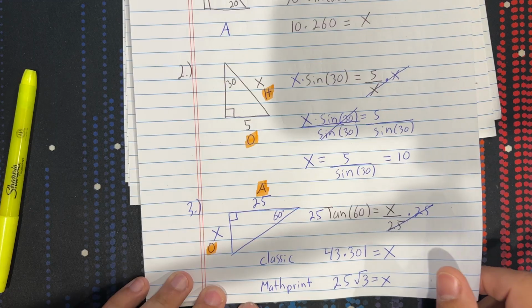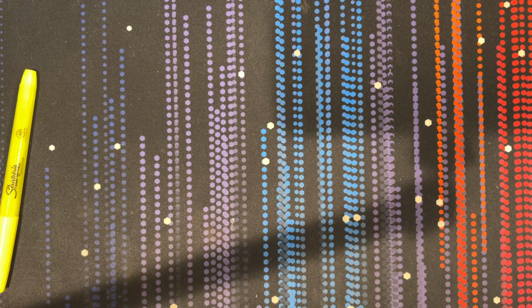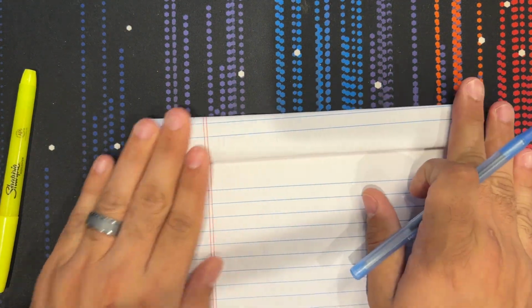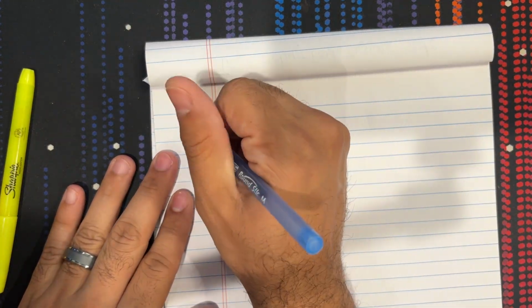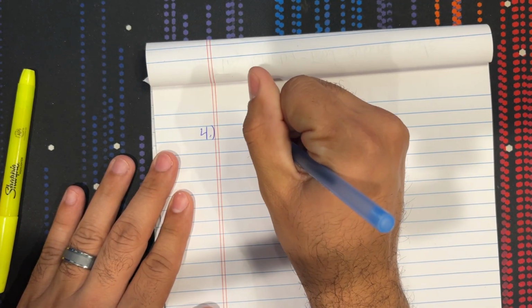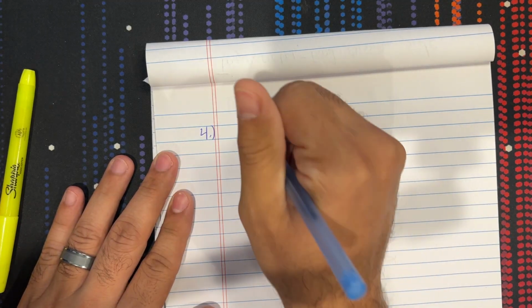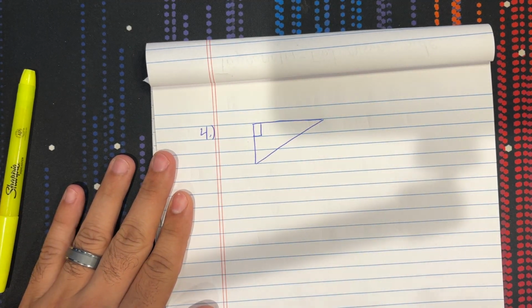Let's do one more example. Still dealing with 90-degree triangles.